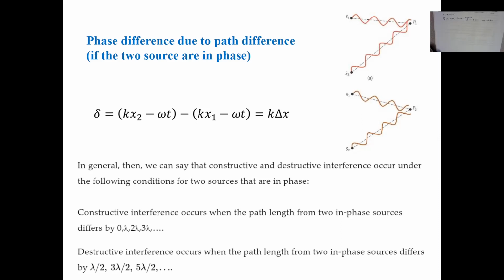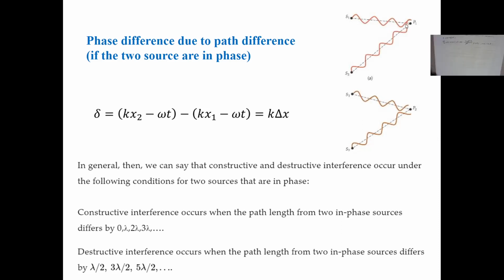When it reaches the point of interest, if you have a peak from source 1, source 2's wave arrives with a valley there, so they cancel out. Then you get destructive interference.